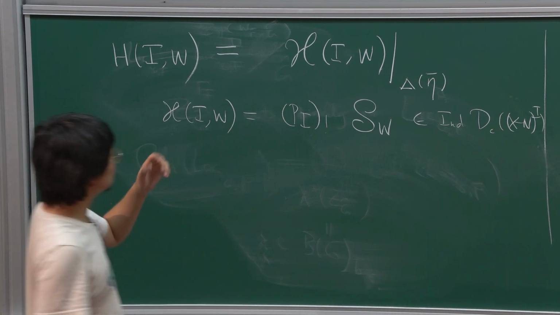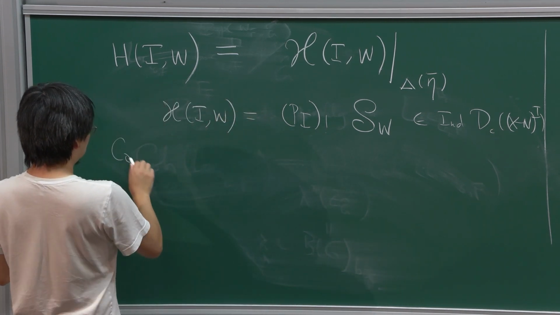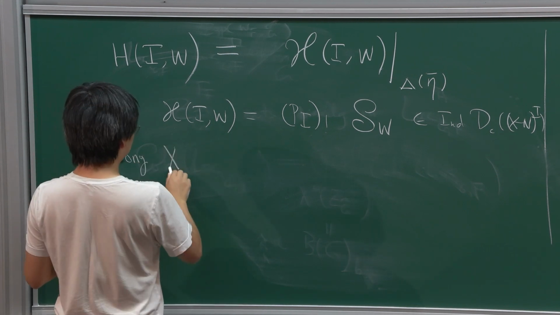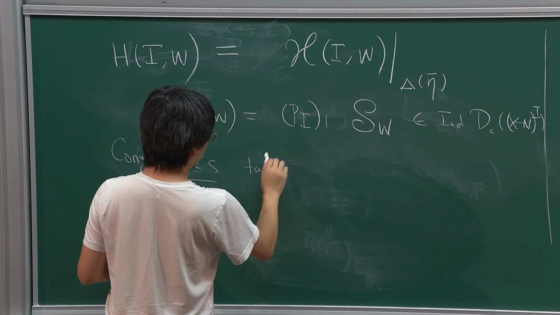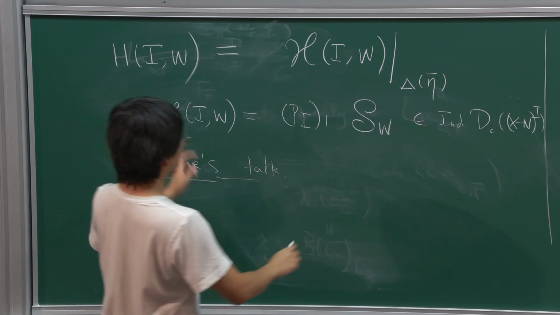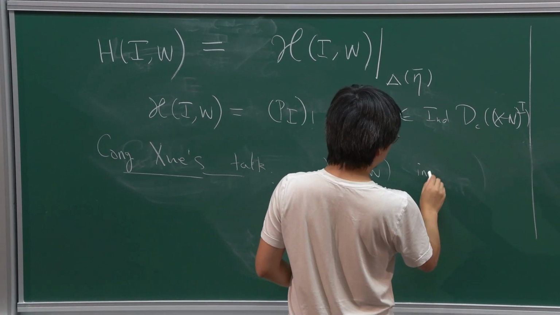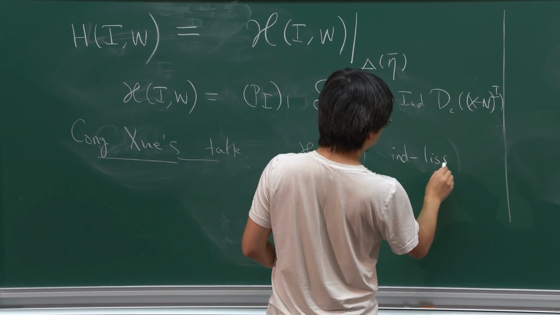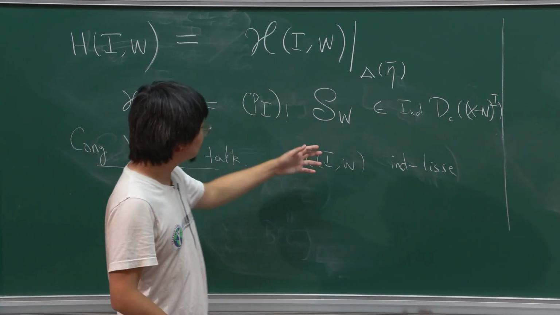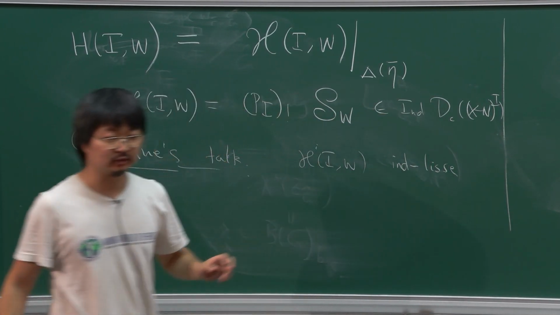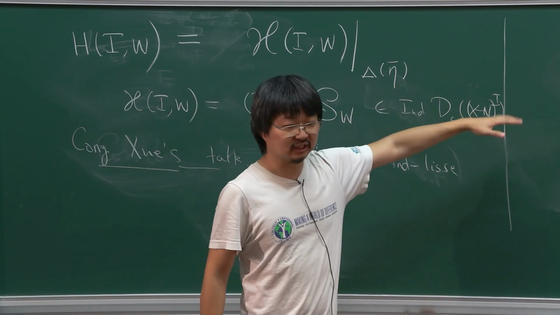But this one, in Congshui's talk, will give some important properties, like this guy is actually ind-lisse. So it's an inductive limit of local systems. At least taking every cohomology sheaf, it's going to be an inductive limit of local systems.